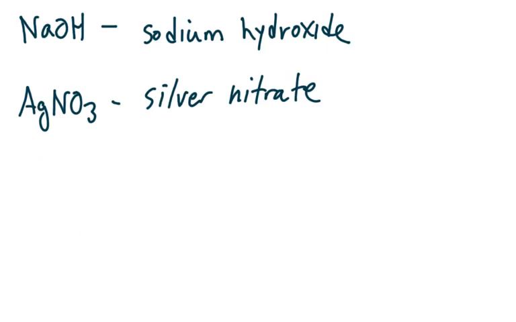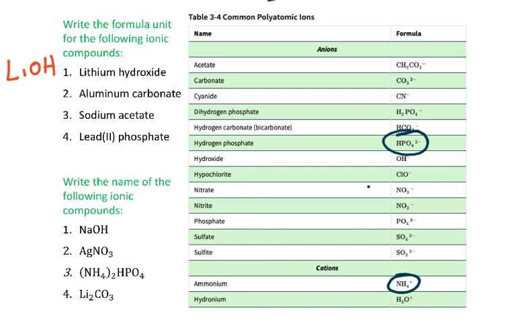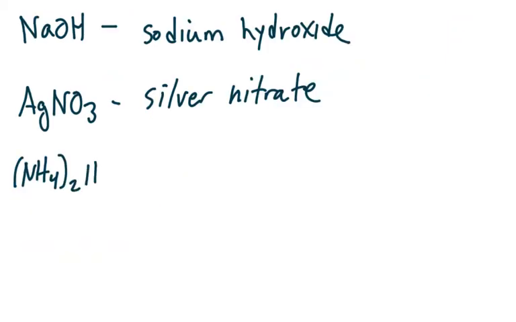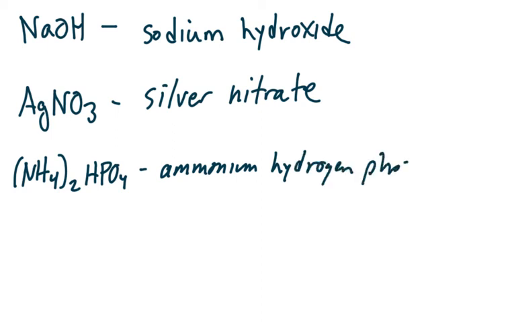So we have (NH4)2HPO4 is ammonium hydrogen phosphate.